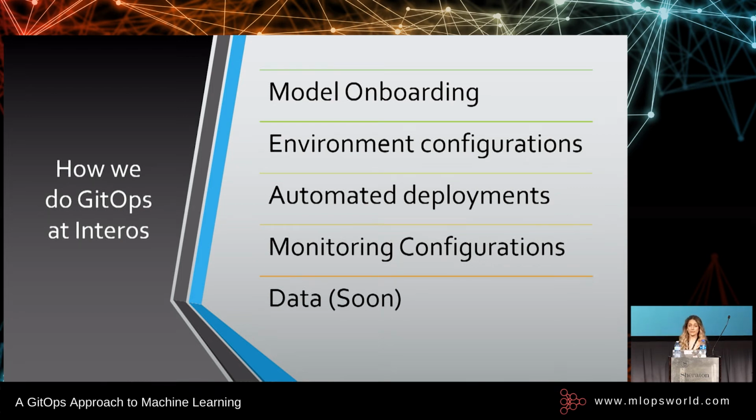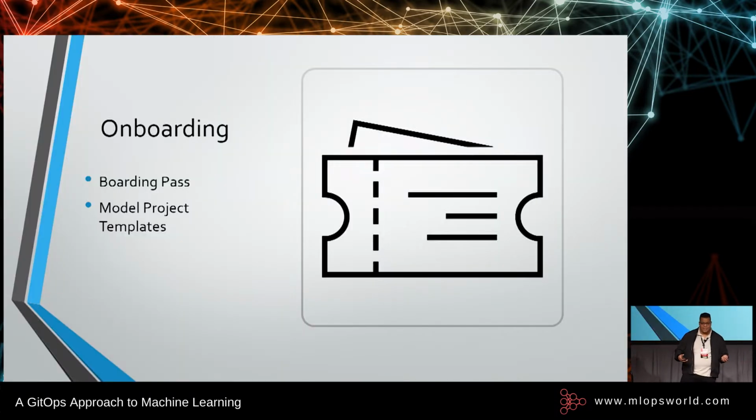We implement GitOps in the entire ML model lifecycle, from onboarding all the way to monitoring and data feedback loop. Everything is in code, and everything is GitOps driven. And so we're going to start by talking about our onboarding process. At Interos, we have one onboarding tool called our boarding pass, and we also have a repo with our model project templates.